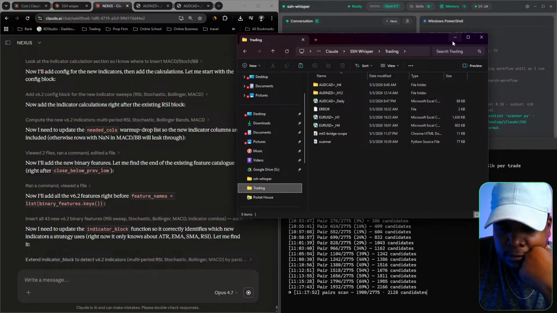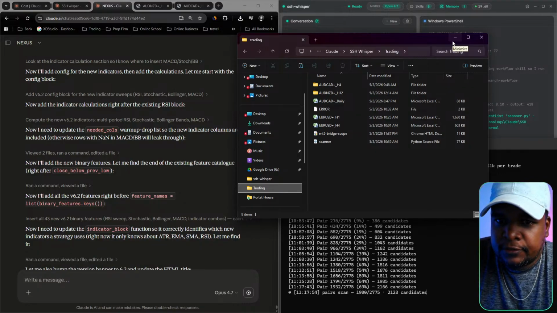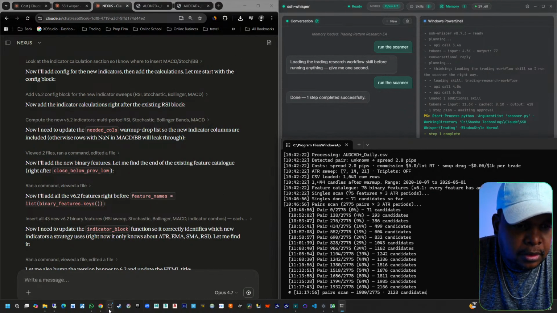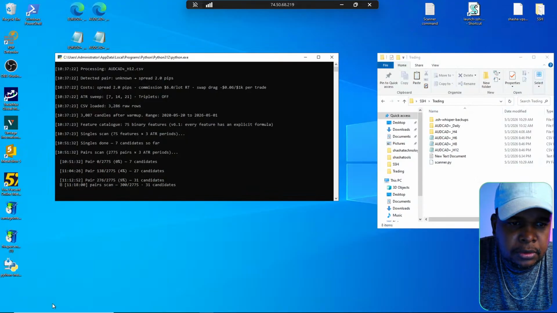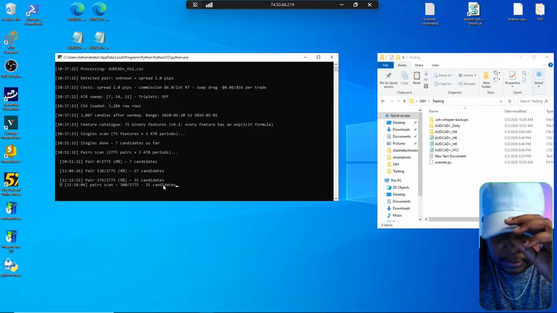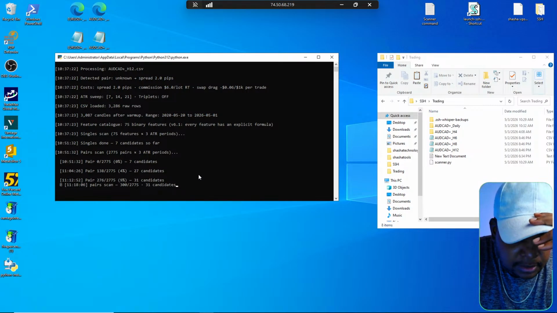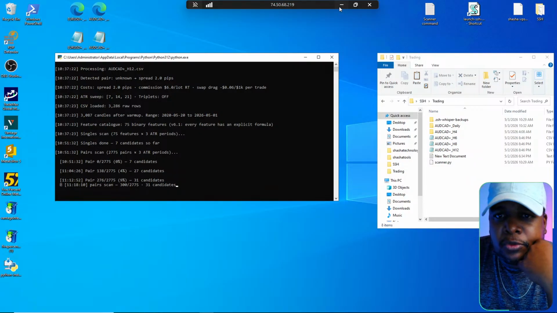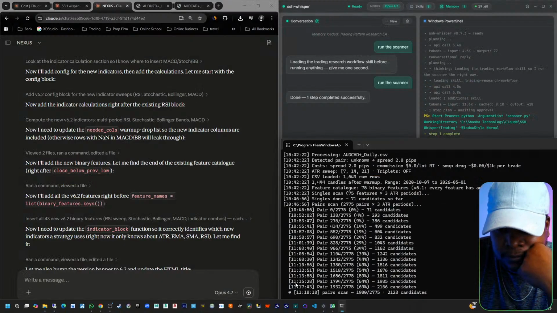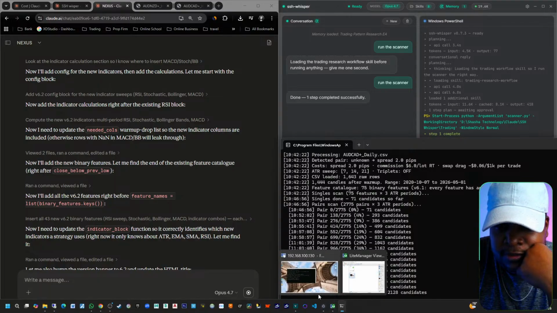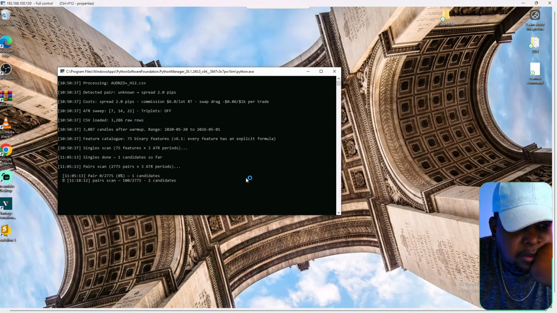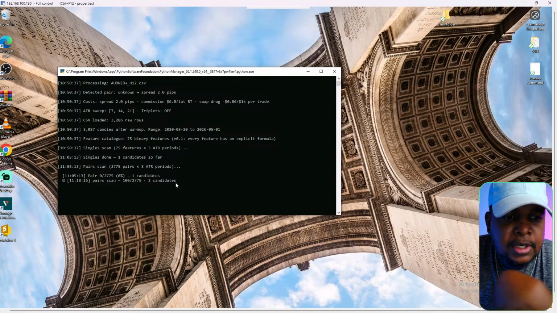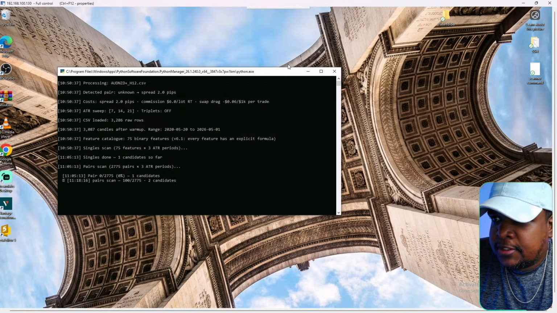All right. So we have a bit again for this scan to finish. We see what the VPS is doing. The VPS is already in pairs and found 31 candidates. Still has quite a bit to do, 300 out of 2775. And the other PC is at 2 candidates, 100 out of 2775.